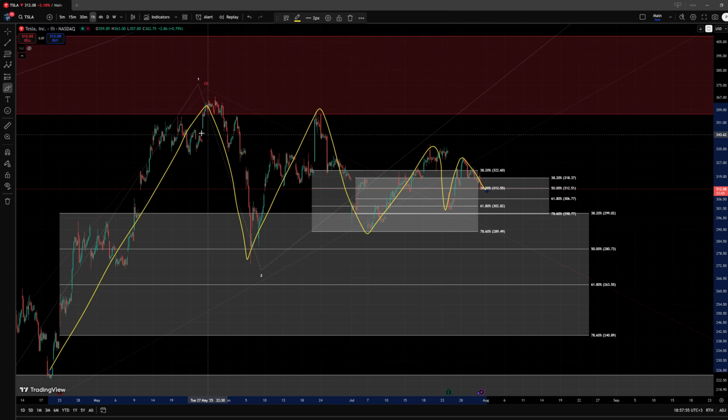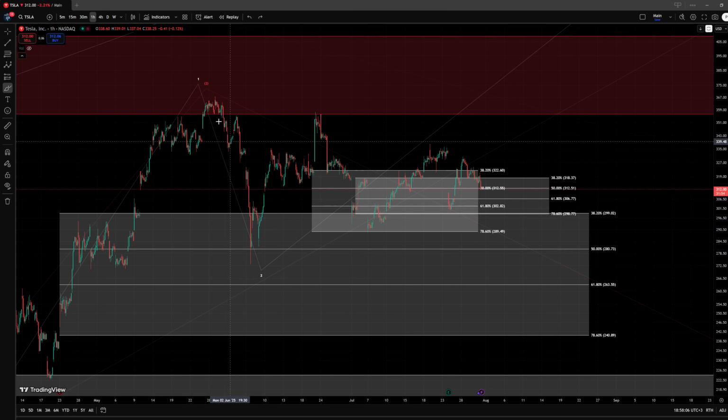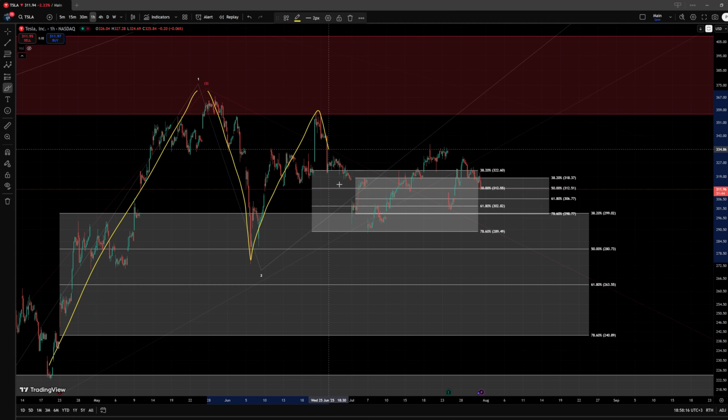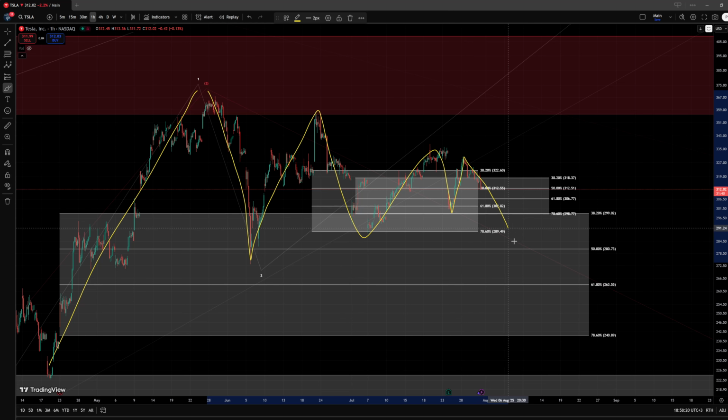If you notice, we may actually be having something different here, and that could play out in 2 ways. Firstly, we could have our wave 1 up here, and then now a wave A down, and then in a B wave triangle, A, B, C, D, E, and now we would head lower in the C wave to the downside.